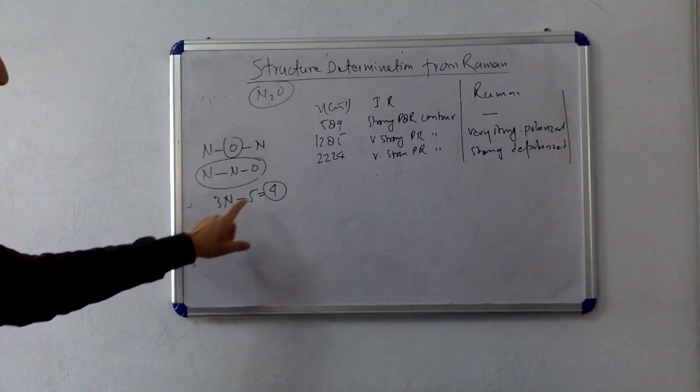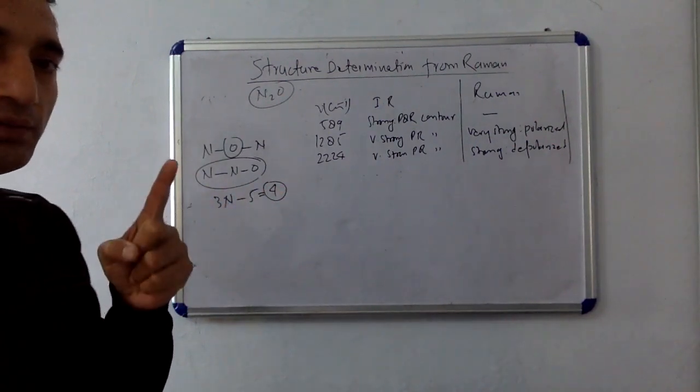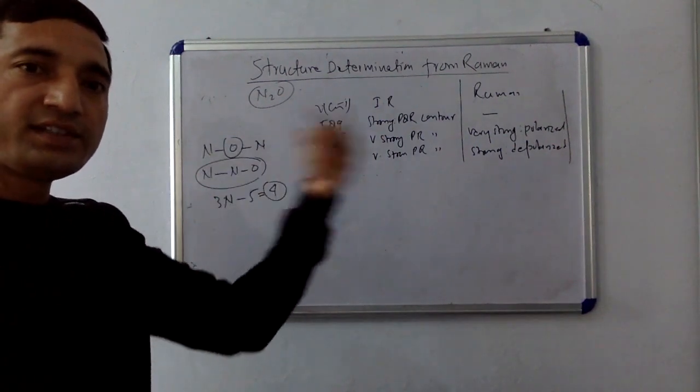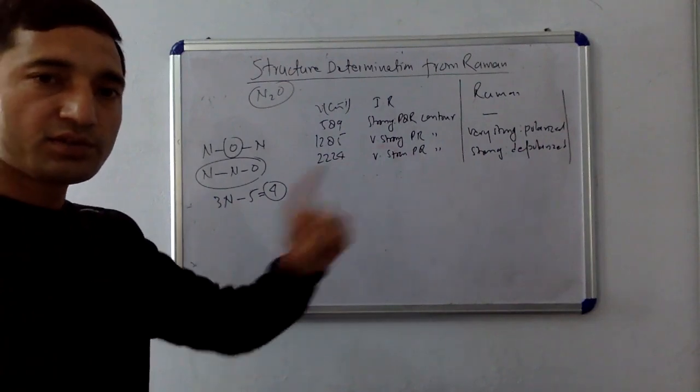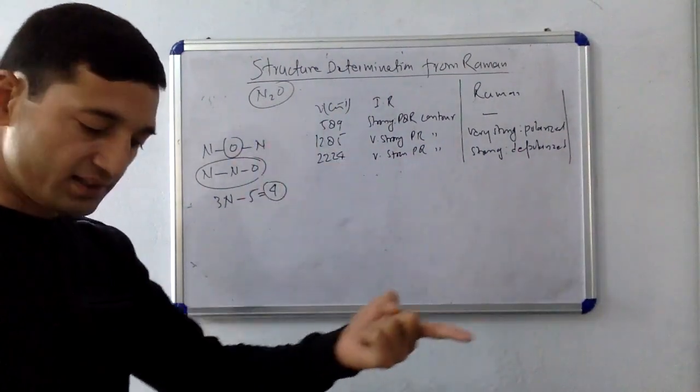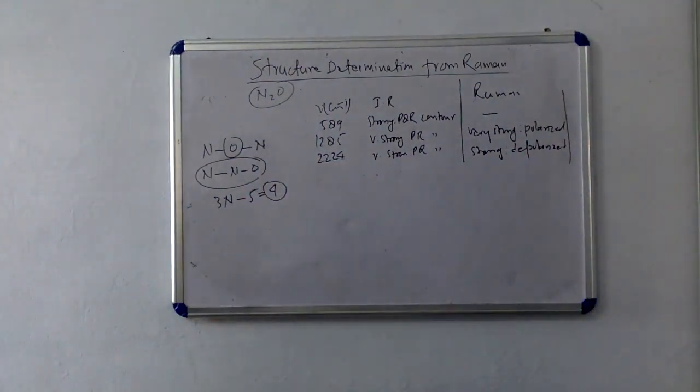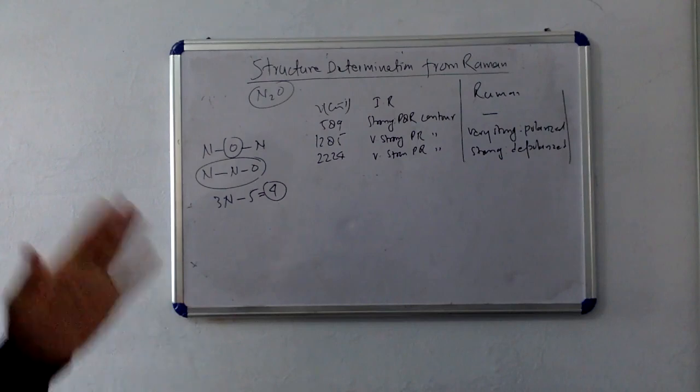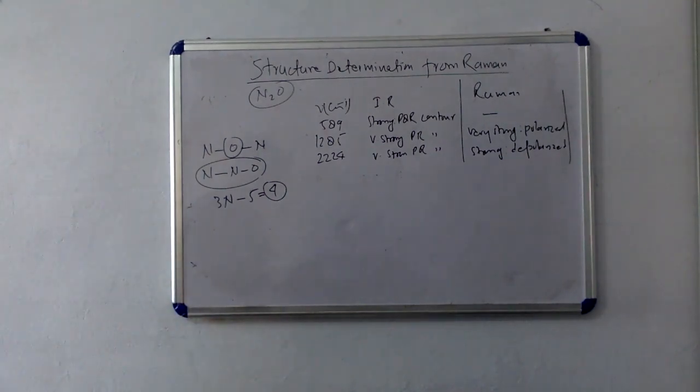It means that you must have one degenerate mode. It is the bending mode, not the stretching mode, that will be degenerate, giving the same energy. All 3 different fundamental frequencies should be both infrared and Raman active.